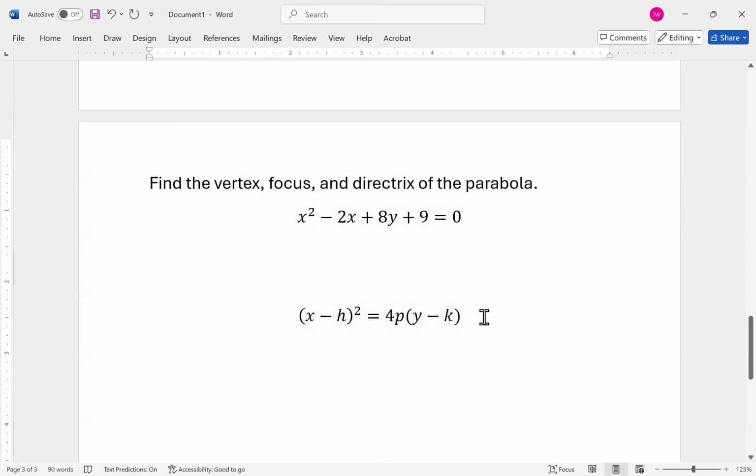Once again, completing the square is going to be the way to go. So we're going to get x squared minus 2x on the left. And on the right, I'm going to subtract 8y from both sides, so on the right I'll get minus 8y. I'll subtract 9 from both sides, so on the right I'll get minus 9.